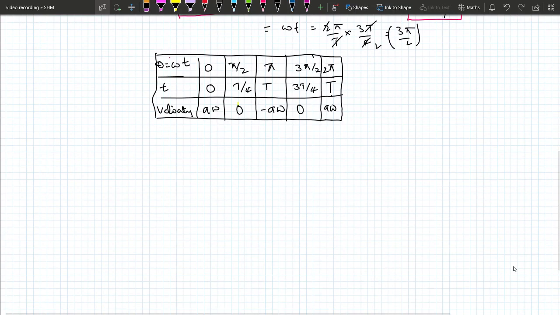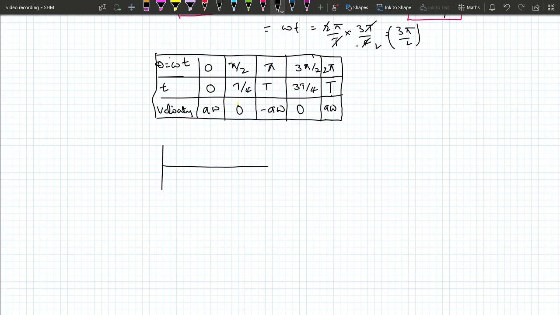So this is the velocity graph. On the y-axis I have the velocity. Here it is plus a omega, and here it is minus a omega.